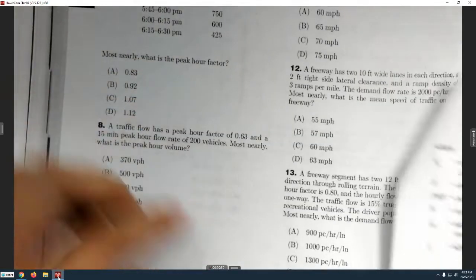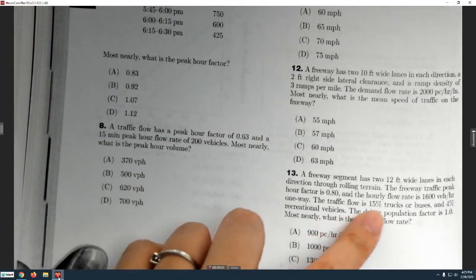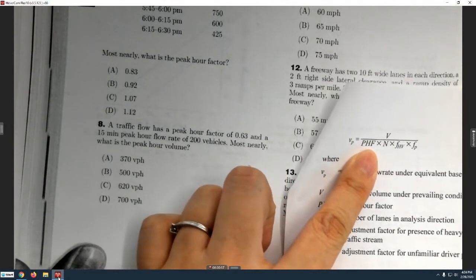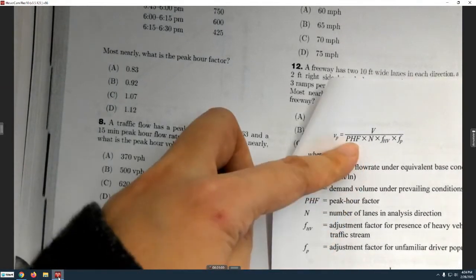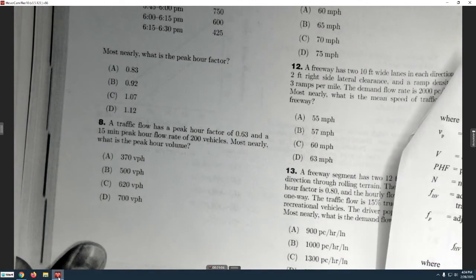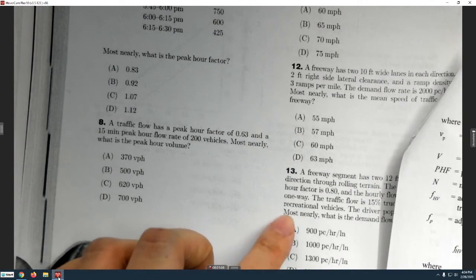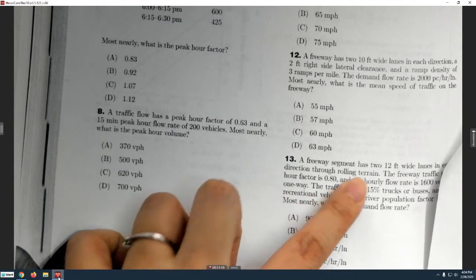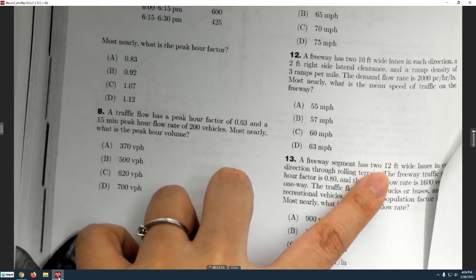So V is given as 1600. Peak hour factor is given as 0.8, right? 0.8. And this is the standard lane, so no lane adjustment.